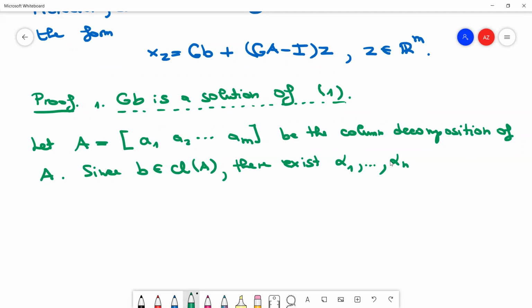So there exist alpha_1 up to alpha_m real numbers such that the linear combination of the columns, where the alpha_i's are the coefficients, is exactly b.